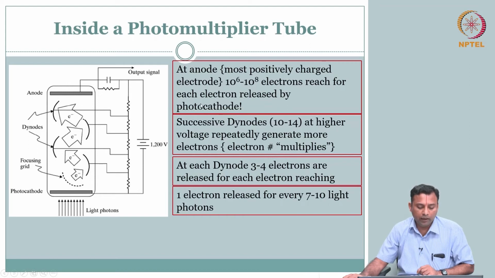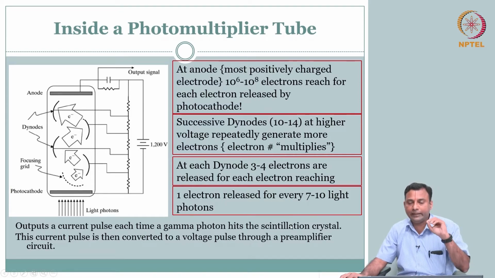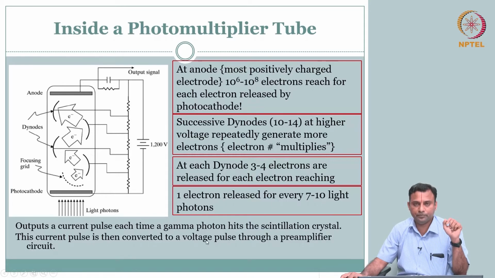So the whole idea is outputs are a current pulse each time a gamma photon hits the scintillation screen. For each gamma photon hitting the scintillator screen, you get one pulse of voltage. This current pulse is then converted to a voltage pulse.